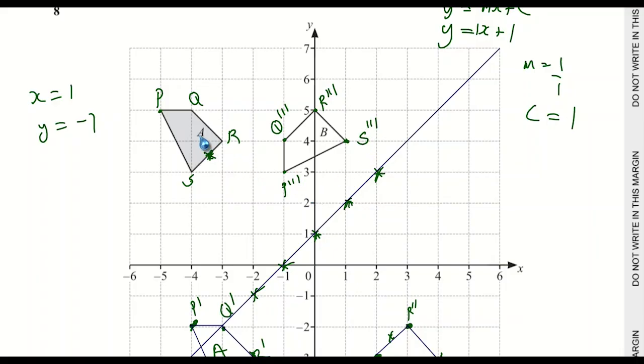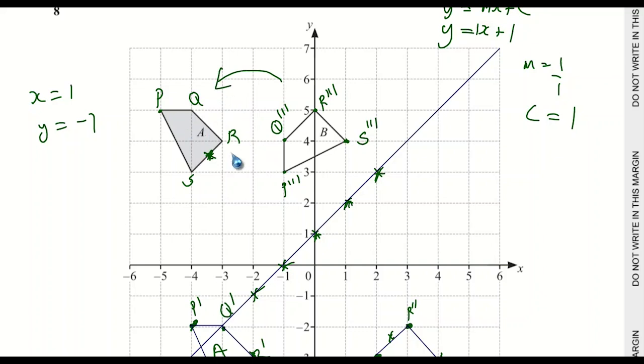Okay, so if you observe it very well, I think I'm good. So this is a kind of rotation, right, towards this direction.